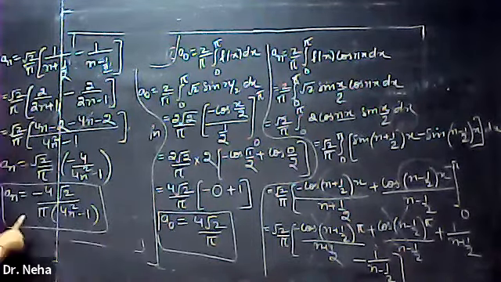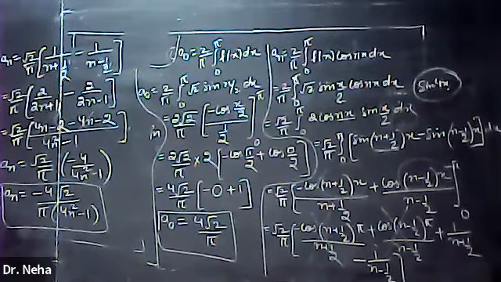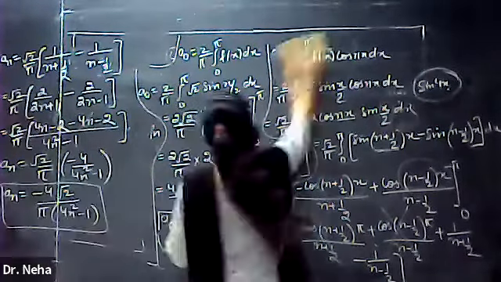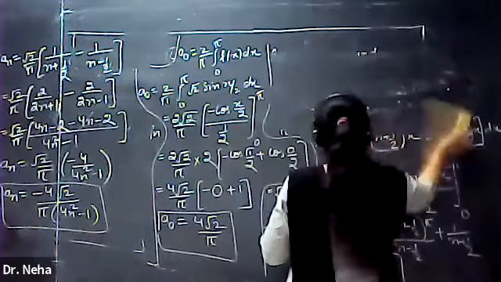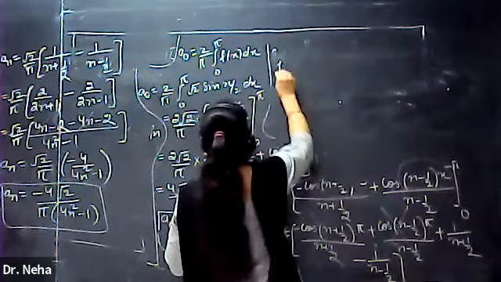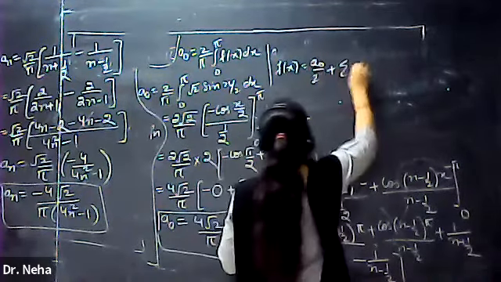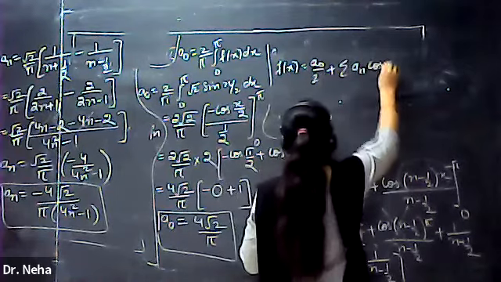Then we have an. bn is equal to 0. Why? Because the function is an even function. Now we have to write down the Fourier series of this function, and how we can make the Fourier series is given by f(x) is equal to a naught by 2 plus summation an cos nx. That's it. Why?